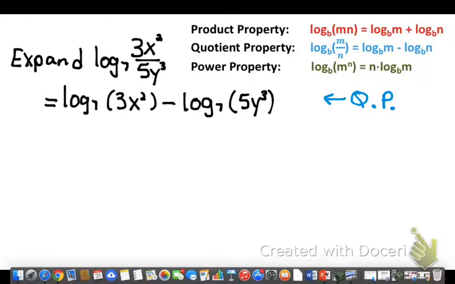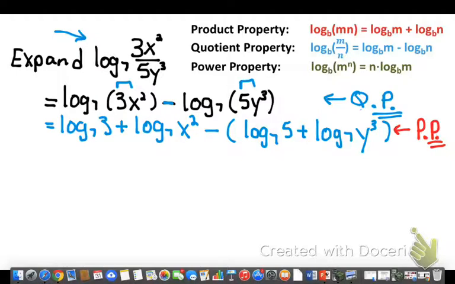All right, so we're starting off with log base 7 of 3x squared over 5y cubed. So we can see we're going to use our quotient property, which means we just subtract. Now you should see that we have a couple things going on here. We have multiplication. So we're going to work with our product property.